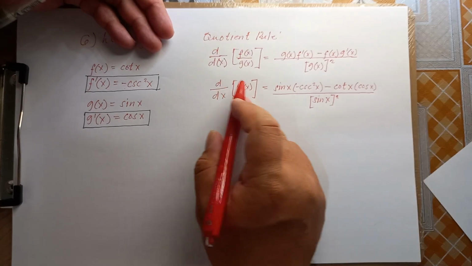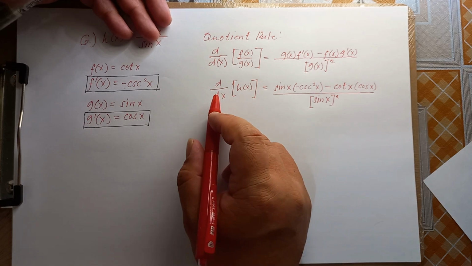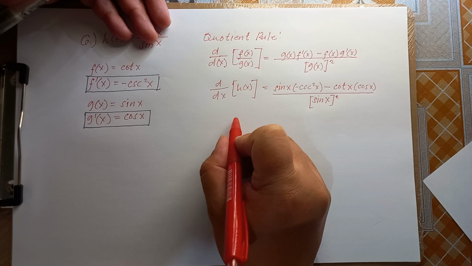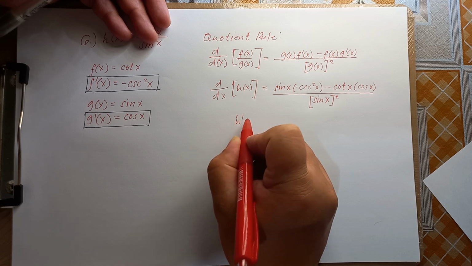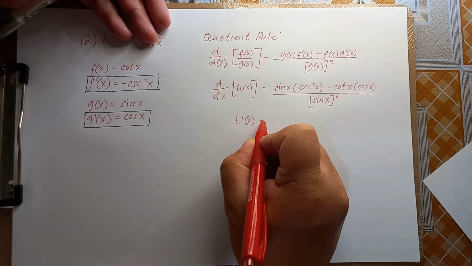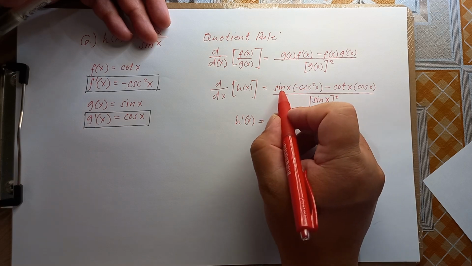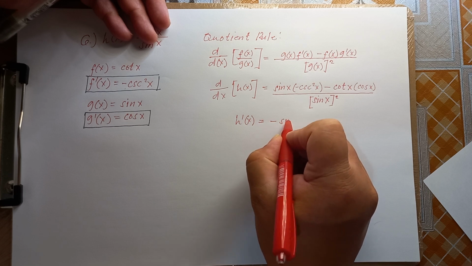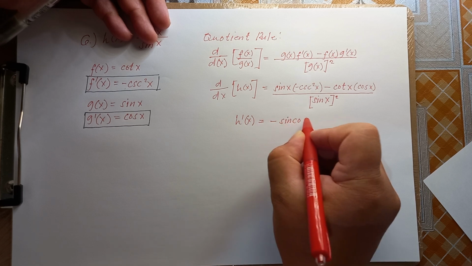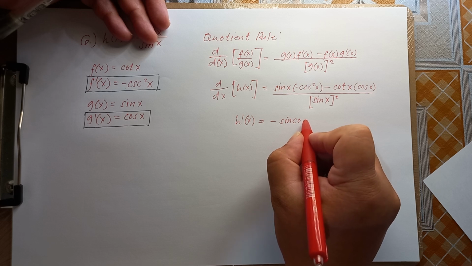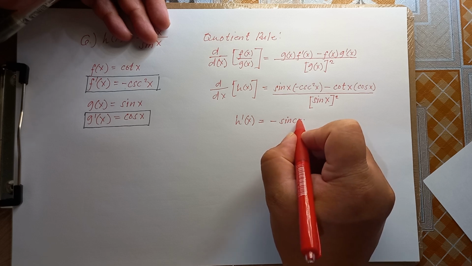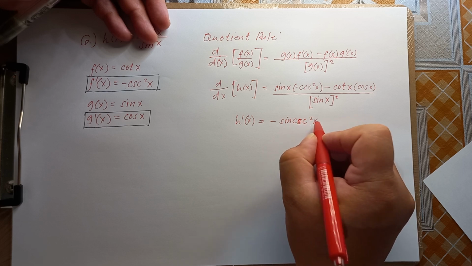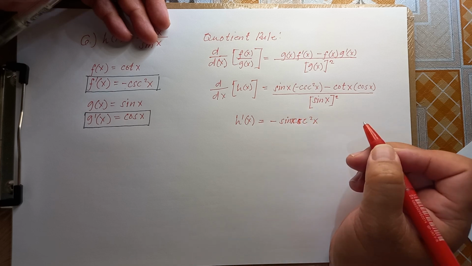To indicate derivative, I will use the h prime of x. h prime of x would be negative multiplied by positive sine cosecant and cosecant squared x.